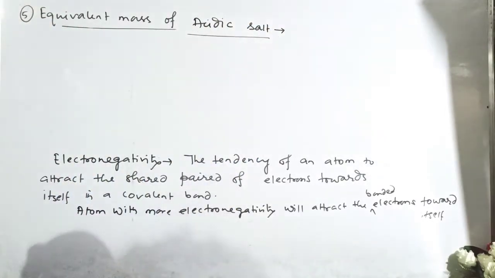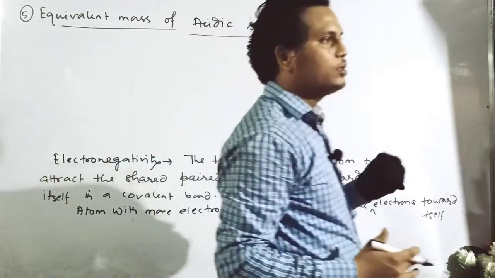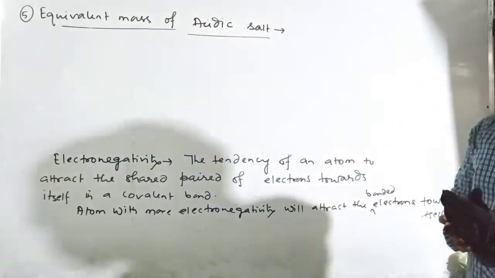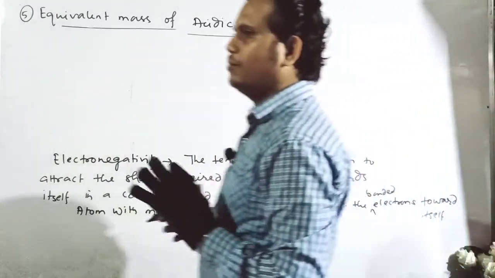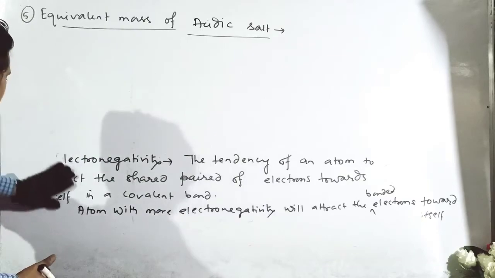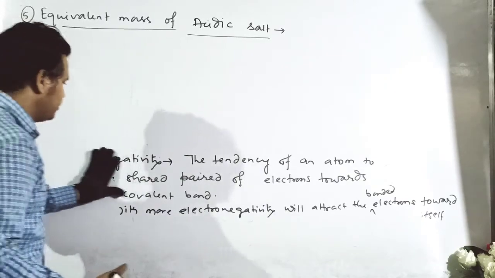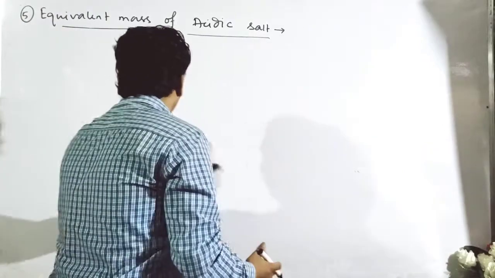Equivalent mass of an acidic salt. Okay. So first of all, what is the meaning of acidic salt? तो acidic salt क्या होता है and how it is formed, then we can solve the equivalent mass of acidic salt. So what is acidic salt and how it is formed?